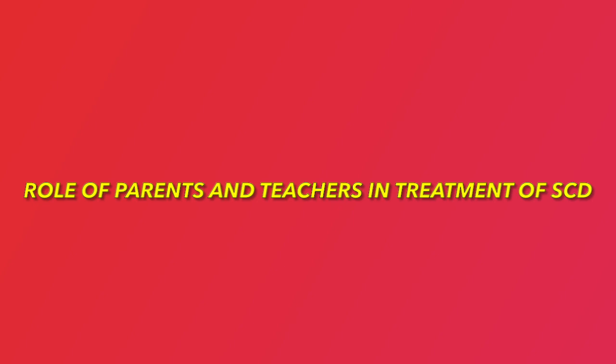Some of these activities include: first, taking turns. Participating in simple turn-taking activities that mirror the flow of social interaction. Second, read and discuss. Reading a book with a child and asking encouraging open-ended questions. Third, talk about feelings.